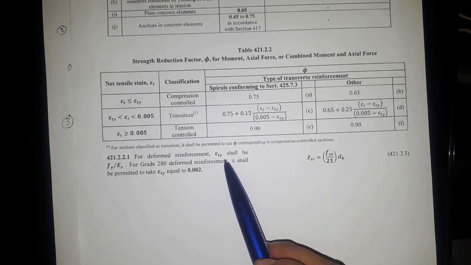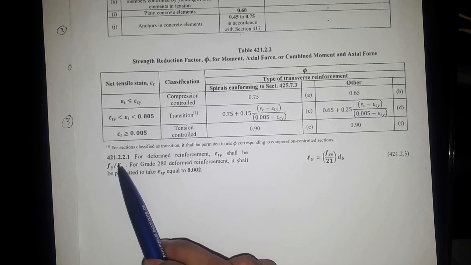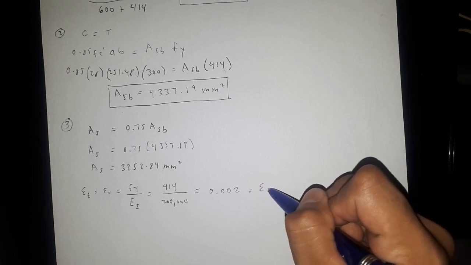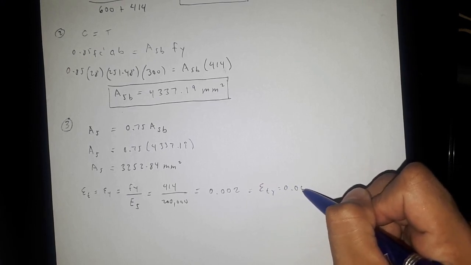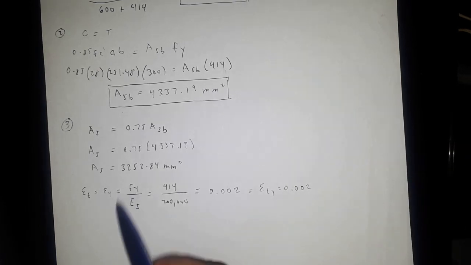So it shall be Fy over Es, or the modulus of elasticity, and that is still 0.002, because it is the same formula.